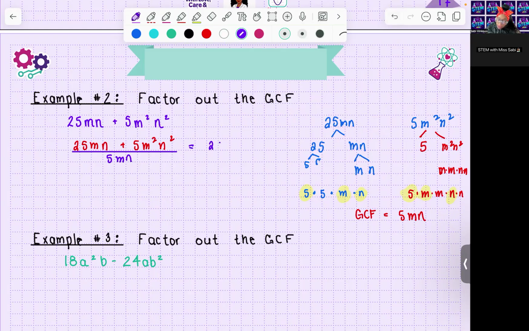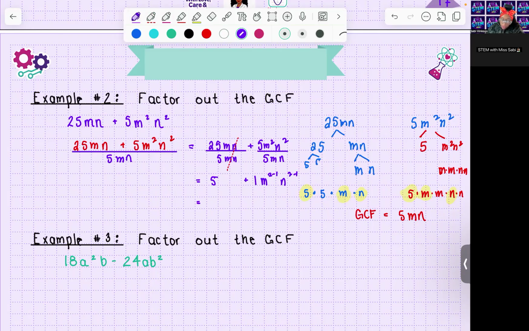I'm going to have to divide 25mn by 5mn, and then the 5m squared n squared divided by the 5mn. So these cancel out. 25 divided by 5 is 5, and then 5 divided by 5 is 1, and then we're going to do exponent laws. So we have 2 minus 1, 2 minus 1.